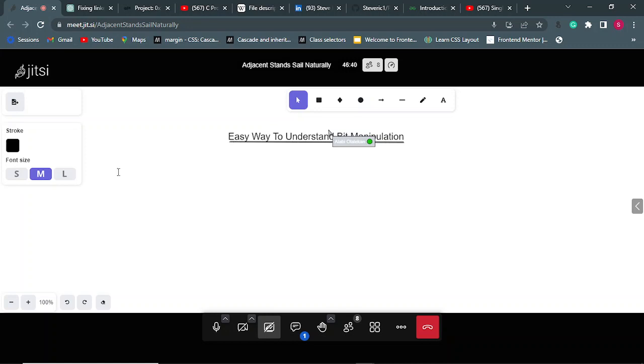So now let's understand the architecture, or the reason, behind bit manipulation. What inspired bit manipulation? Why are we manipulating bits?